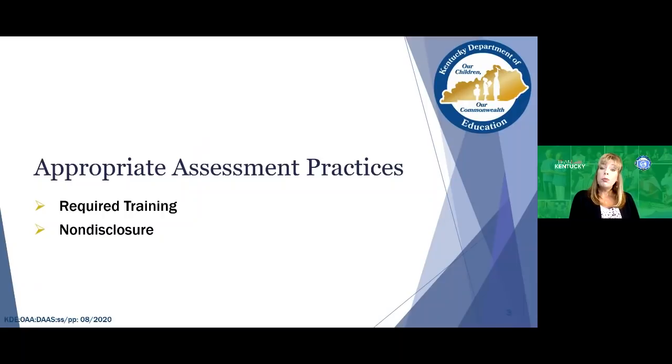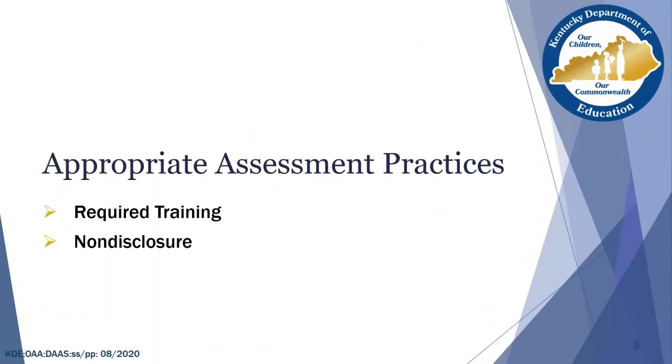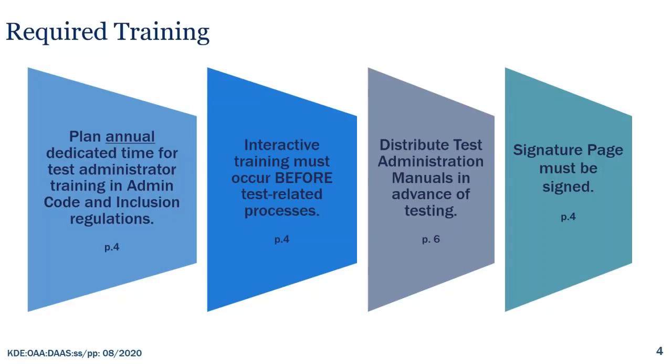It's time to look at appropriate assessment practices, such as the required training for administering a state assessment. The Administration Code applies to all state-required pieces of the accountability system using paper and pencil and computers or digital technology.